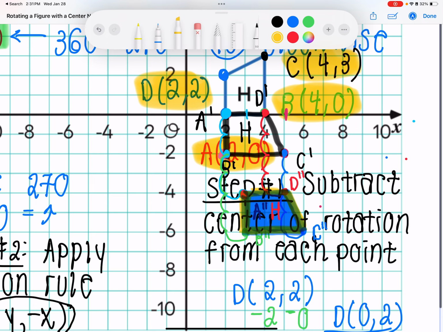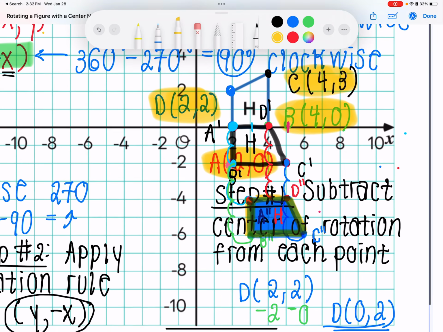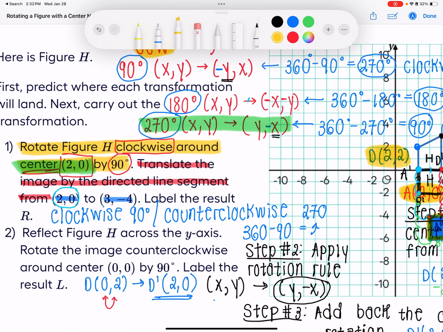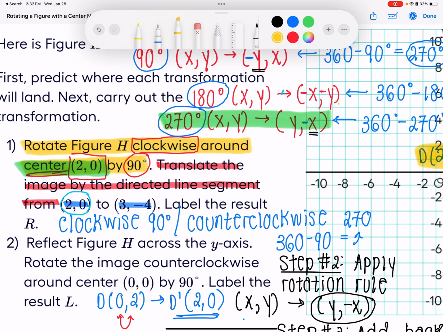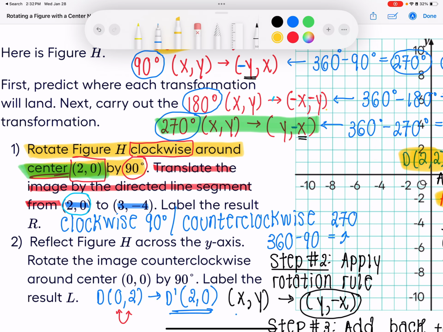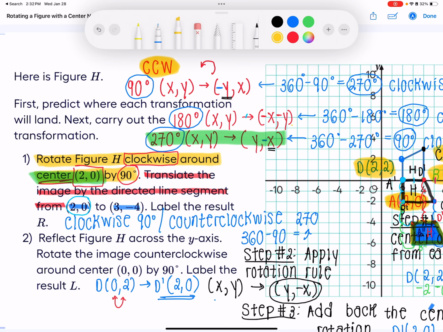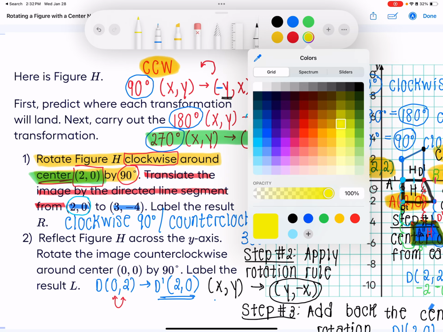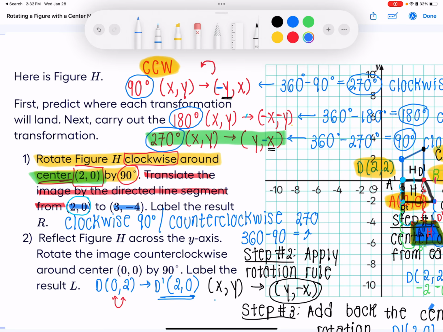And we know it's down 4 and to the right 1 because they told us it was the translation of the image by this directed line segment from the 2 points that we indicated. These 2 points told us that they were 4 units down from each other and 1 unit to the right. You could also go 1 unit to the right first and then 4 units down, so it's the same thing.